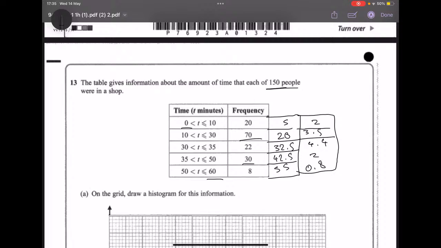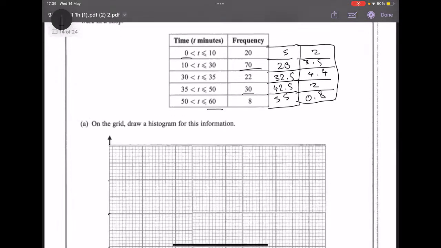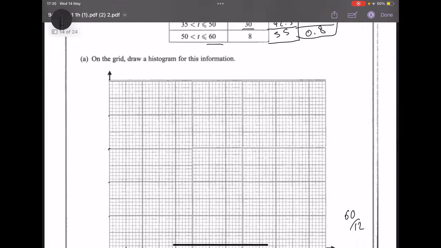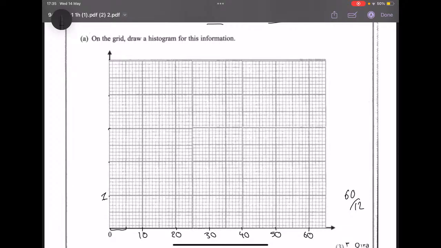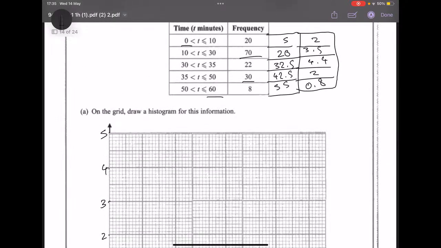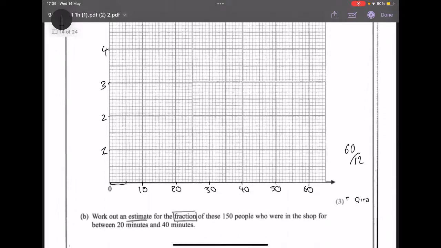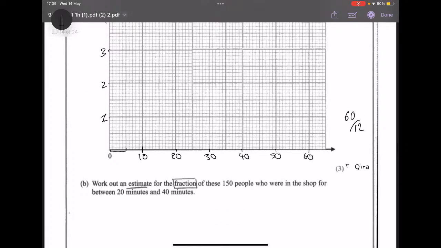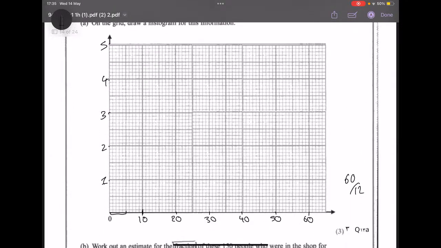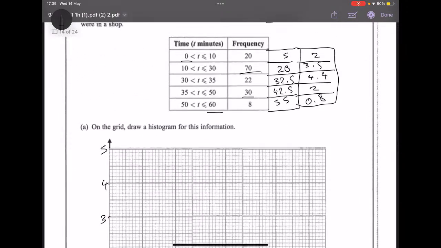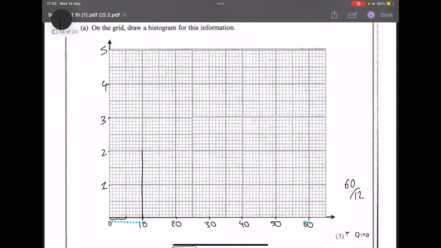Now, when it comes to plotting this, you would plot it using the class width. So the class width goes up to 4.4, and I think we'll use 5 instead. 1, 2, 3, 4, 5. So our highest value will go up to 4.4. So for the time until 10, we will go up to 2 for the class width. Until 30 minutes, our class width is 3.5.